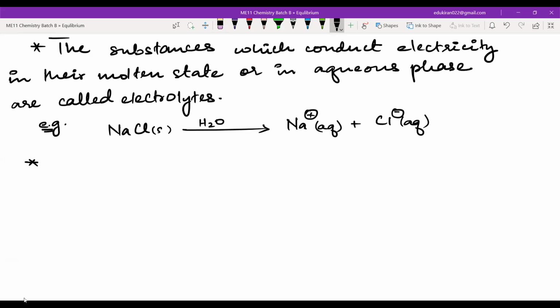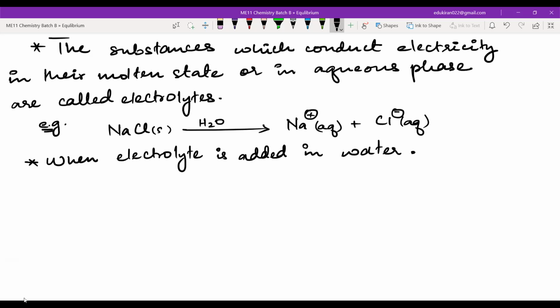Now when an electrolyte is added in water, it splits up into its ions.